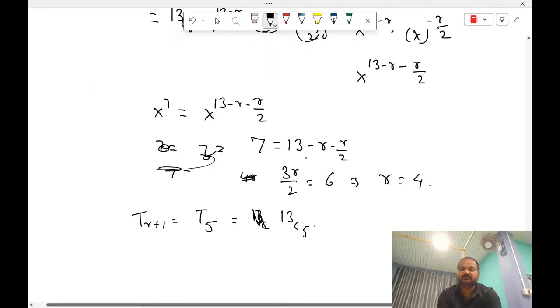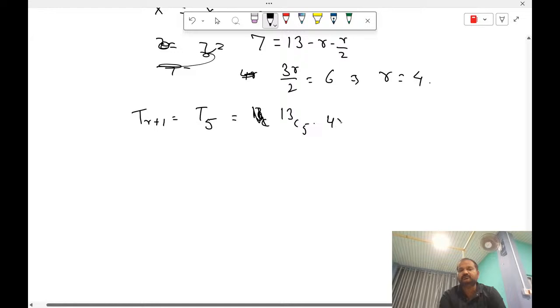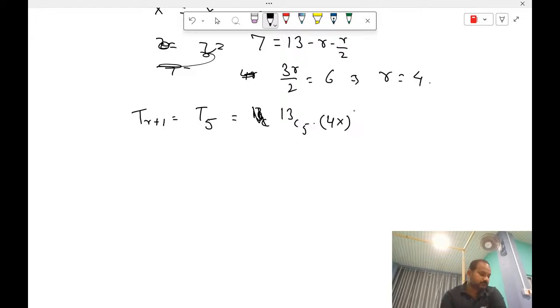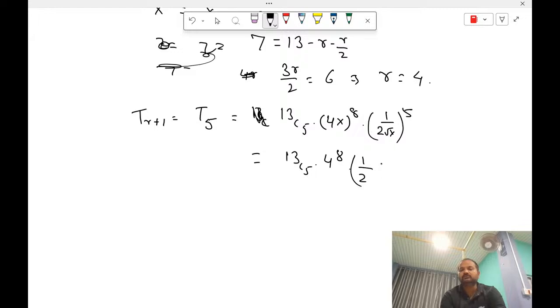Here x is 4x, so 4x whole to the power 13 minus 5, which is 8, and 1 by 2 root x whole to the power 5. So from here we can find the coefficient: 13C5 into 4 to the power 8 into 1 by 2 whole to the power 5. That will be its coefficient.